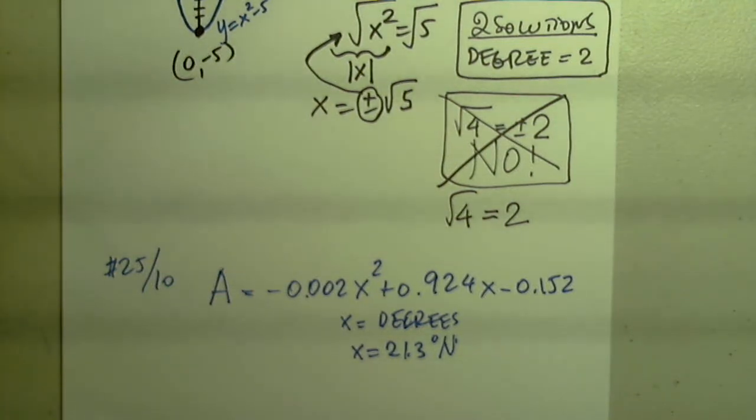I have my calculator up here. So in y equals, we will enter the function as is. When we start with a negative sign, we have to use not the operational negative, but the little negative: negative 0.002 x squared plus 0.924 x minus 0.152. Stop me if you have any questions anytime.